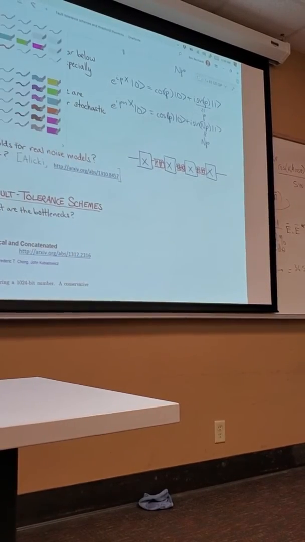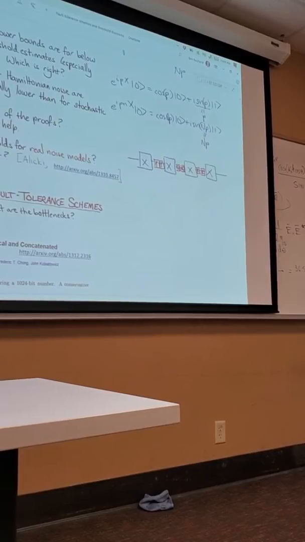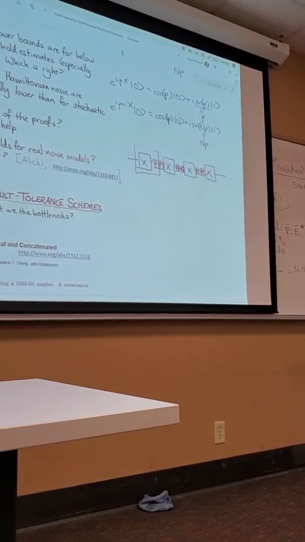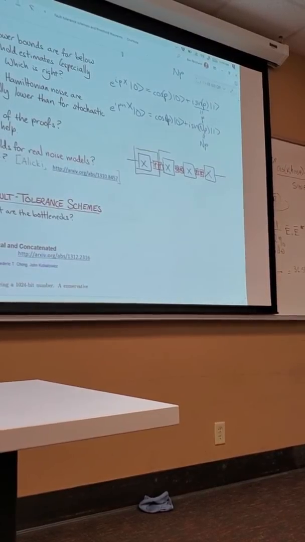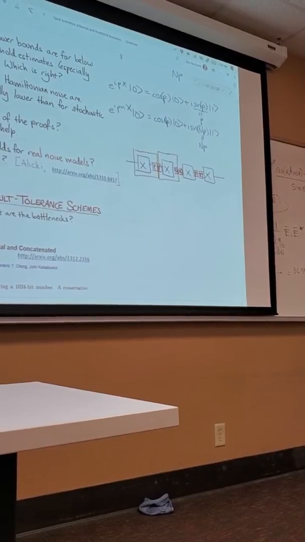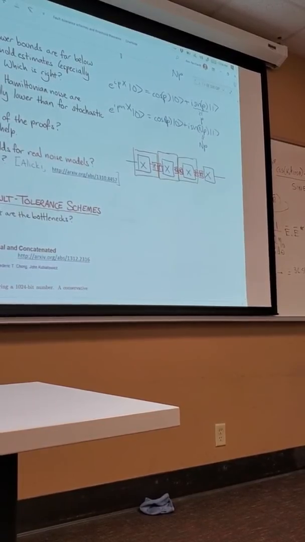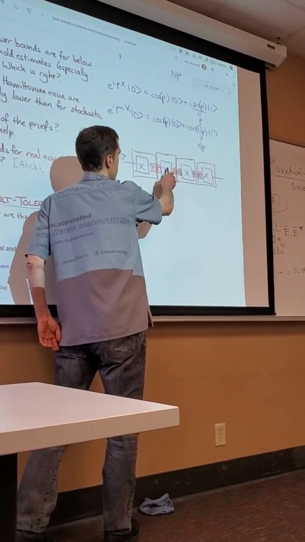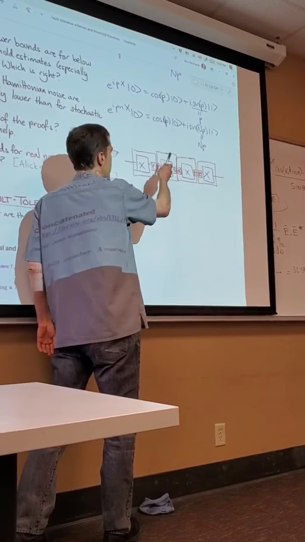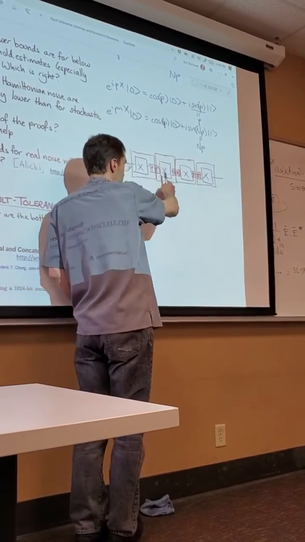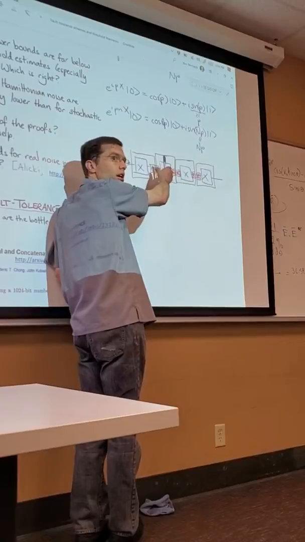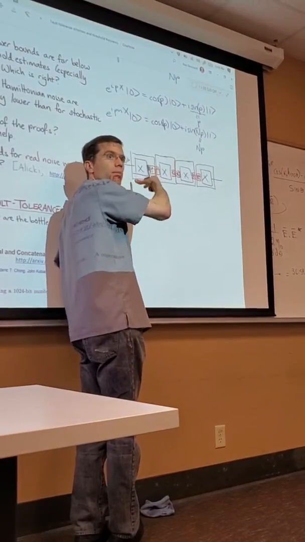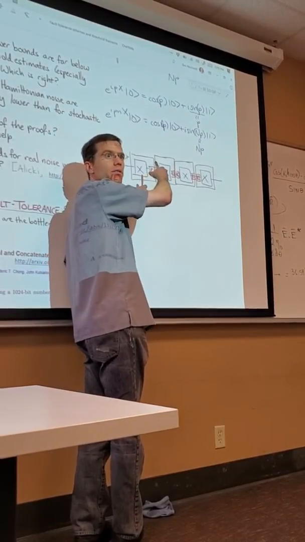Okay, and then what we do is we group them like this. So here I have P times X times Q, or I guess Q times X times P. This gate we then compile into the hardware as one operation instead of 3 operations.